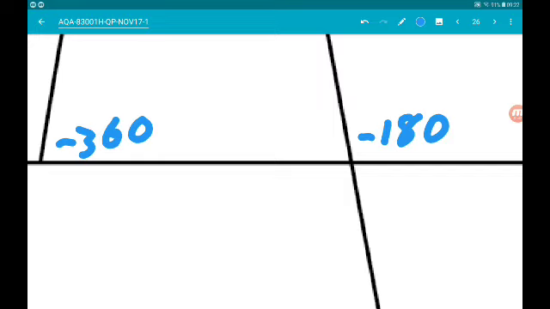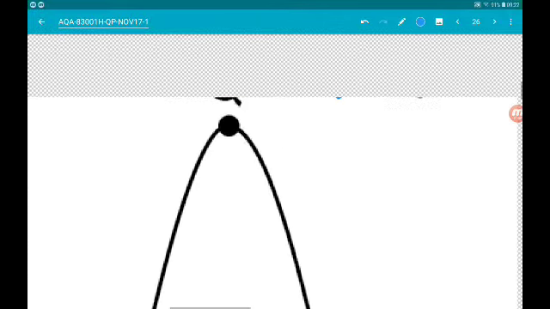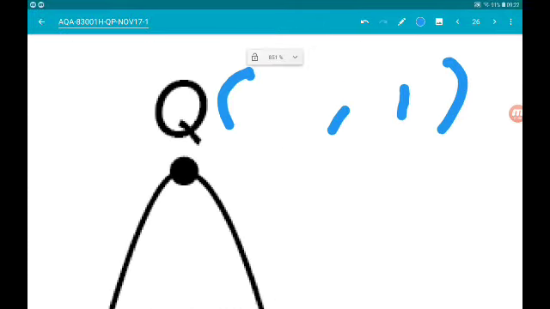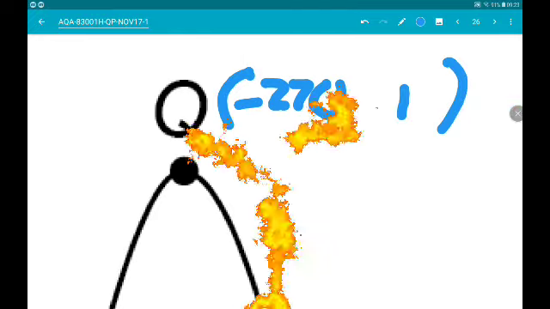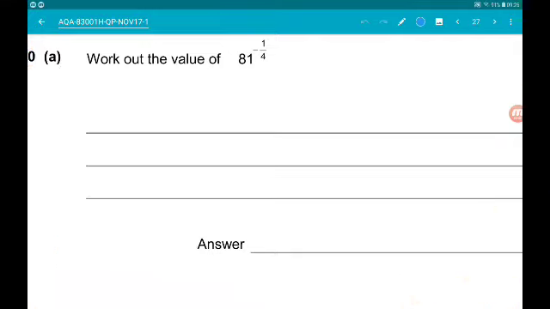So that is a space of 180. Half of that is 90. So minus 180 minus 90 is minus 270.